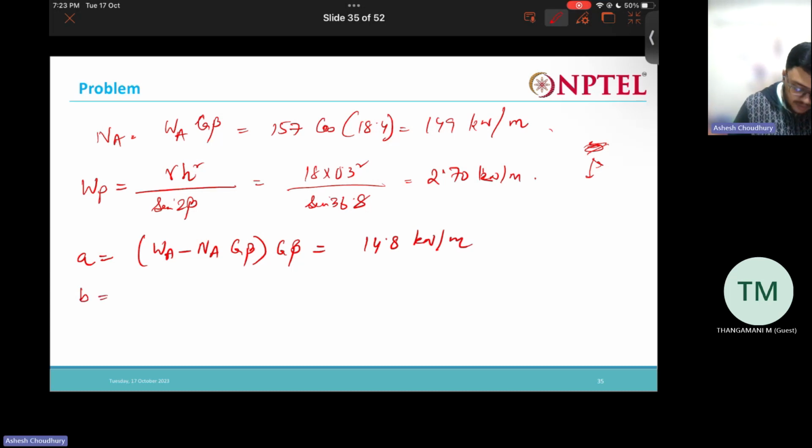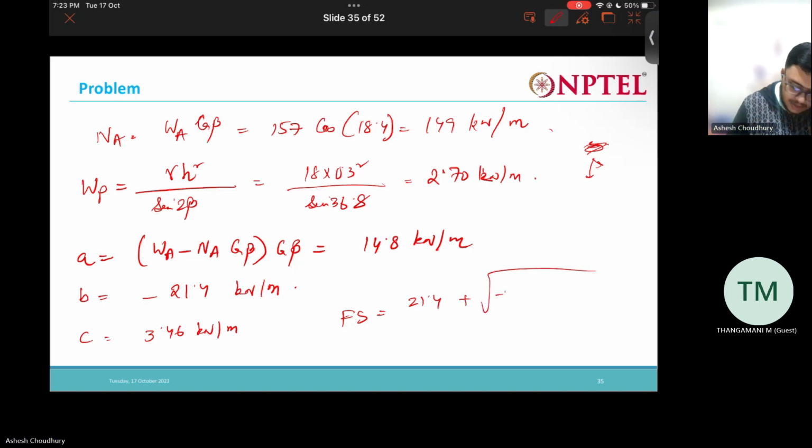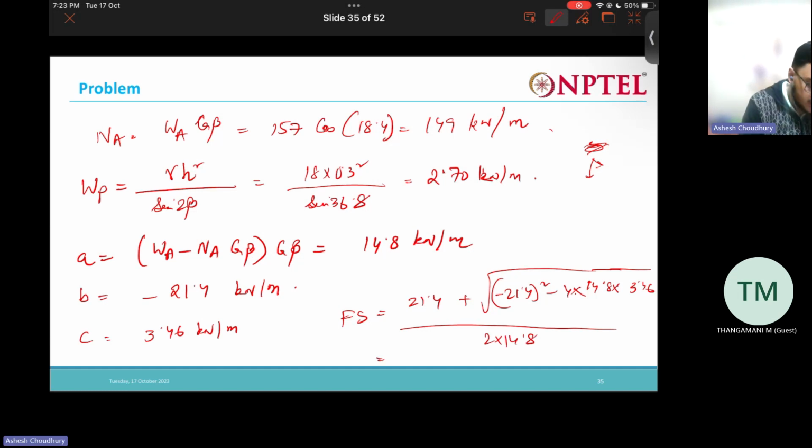B is a very big formula; if you do it, it will come out as 21.4. Factor of safety equals minus B plus the square root of B squared minus 4 into 14.8 into 3.46, divided by 2 into 14.8. It is 1.25. We have here 1.25.